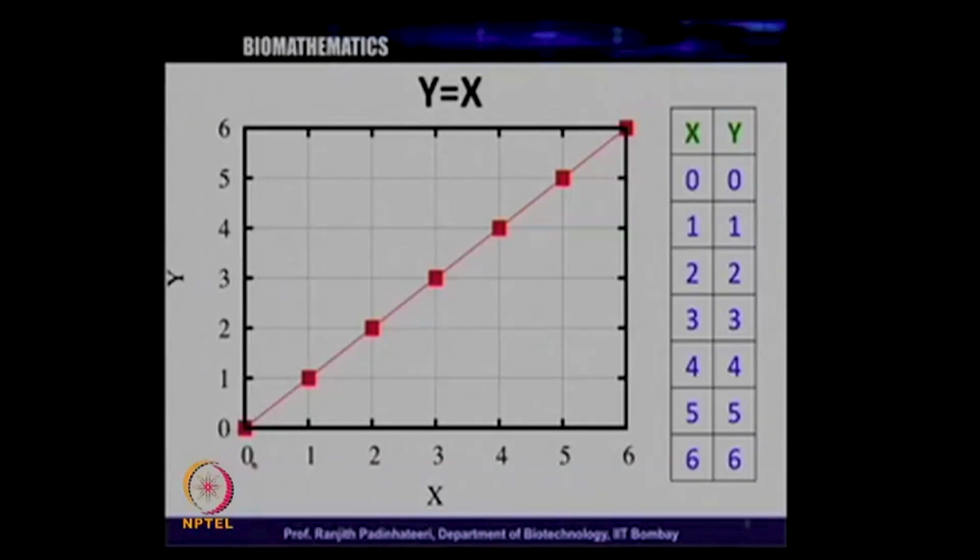The first value, x equal to 0, y equal to 0, is represented by a point here, and the next one is 1, 1 in this table. What it means is that for x value 1, the corresponding y value is 1.